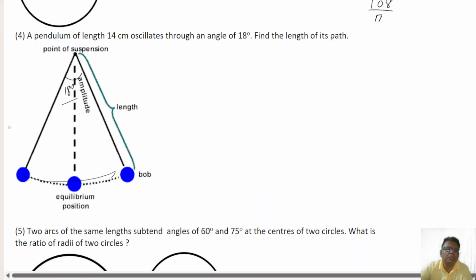He is asking for the arc length. So the radius is 14 centimeters. Then we have to find the length of the path. That means L. L is equal to R into theta. R is 14 and theta is 18 into pi by 180.